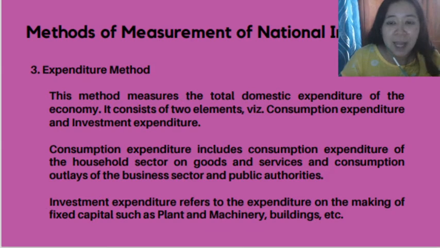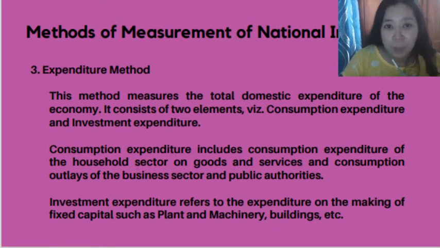Okay, so the next method for measuring the national income is the expenditure method. Here we will measure the total domestic expenditures of the economy. So it will include two elements: the consumption expenditure as well as the investment expenditure.